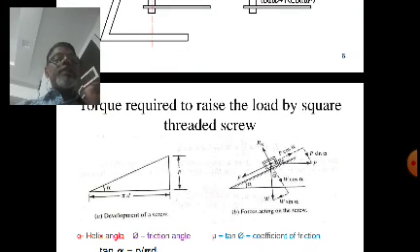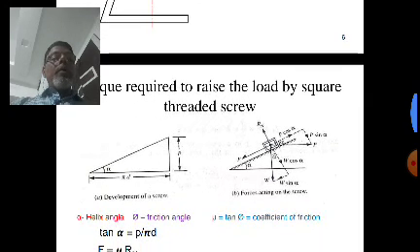Now for understanding, we'll take a simple example that a screw is there. Suppose you have a screw and we know that the thread is helical, right? Now if you unwound one complete thread, then in the triangle shown here, P is the pitch, and this horizontal distance pi d is the circumference of the screw at the mean diameter.